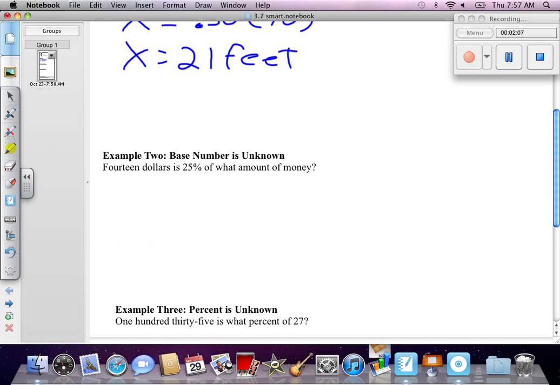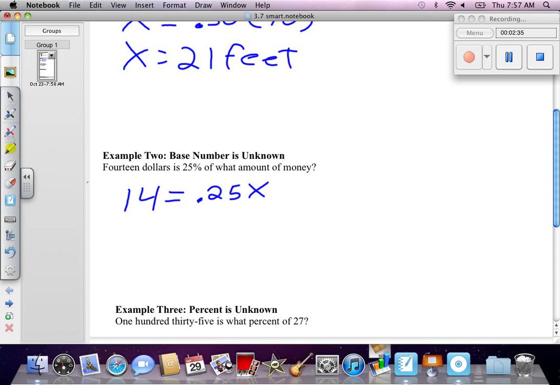$14 is 25% of what unknown amount of money? So first thing I'm going to put down is 14. What does is stand for again? Equals. I'm going to make 25% into a decimal, so that means it's going to be what? 0.25. Good. Of means times, and we don't know the unknown amount, so I'm just going to leave it as x.